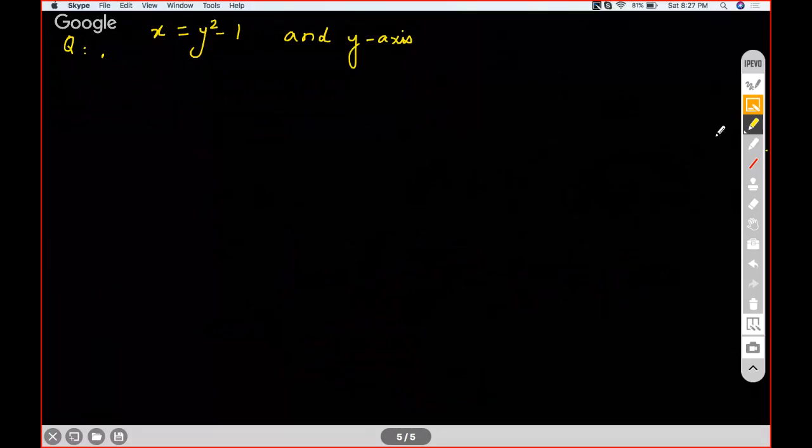Wait, so do we have to find only the y coordinates, like in the previous one we only used the y coordinates, right? No, first make the diagram, you will come to know. Find the area whose boundaries are given by these figures. The moment you draw it, you'll come to know what area they are looking for.